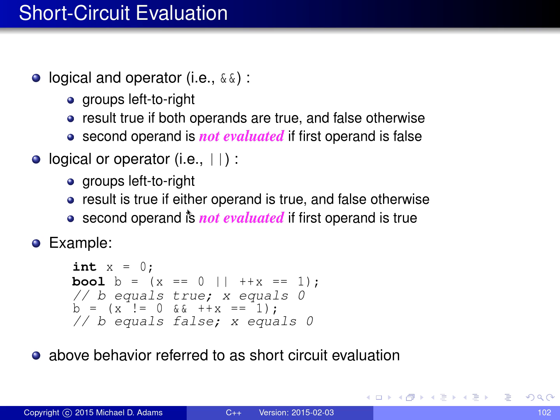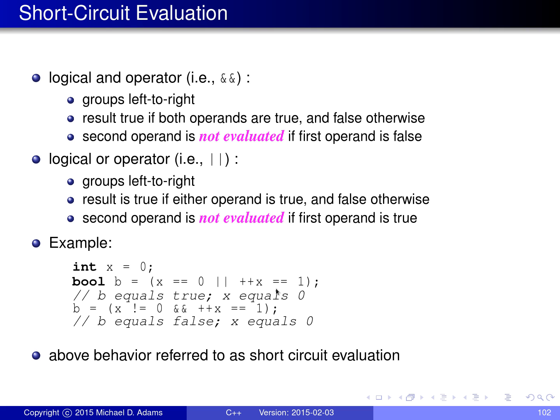And this is illustrated in the example below. So we create an integer variable x and initialize it to 0. And then we proceed to evaluate a Boolean value, in other words, a true-false value, and we're initializing it to the parenthesized expression on the right of the equal sign here. We have a logical OR operator here. The first operand is testing if x is equal to 0.